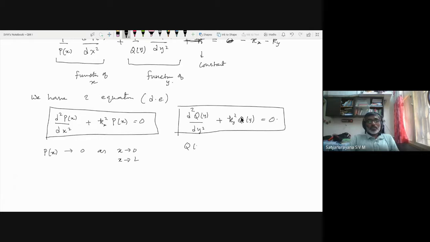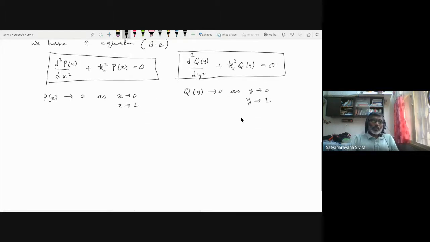the same thing is true with q of y, which should go to 0 as y goes to 0 and y goes to L. So if you put these four boundary conditions, then what you get is the total energy, which now depends upon two quantum numbers, namely nx and ny, equal to h bar square pi square by 2mL square into nx square plus ny square.